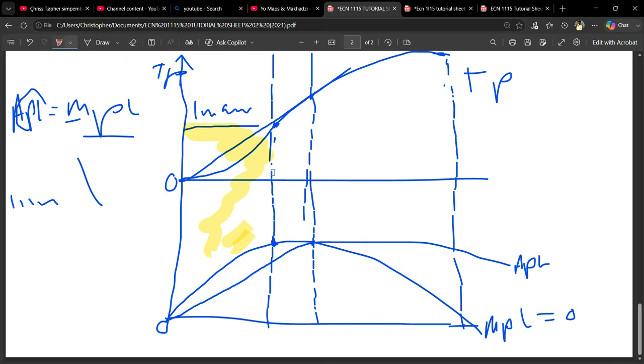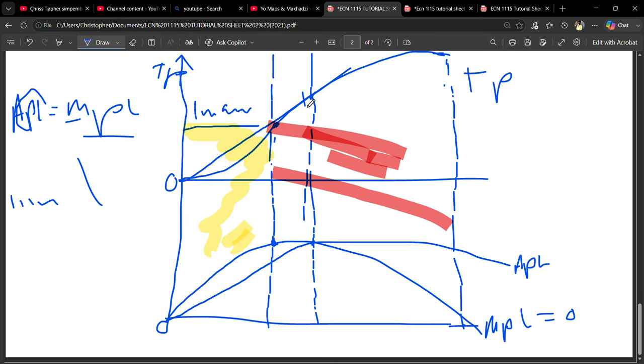And then starting from this point to there, all this part is going to be called diminishing returns. So here, diminishing returns is the normal one. The firm's total product is increasing, but it is increasing at a decreasing rate, because it's not all the time that a firm is going to be producing exponentially.